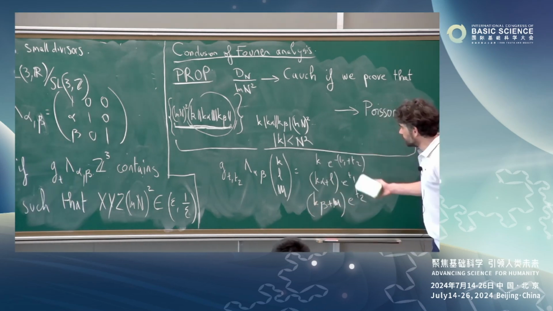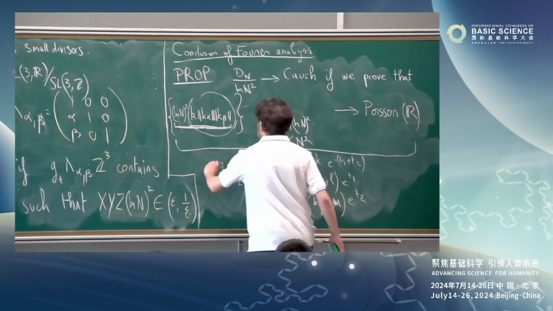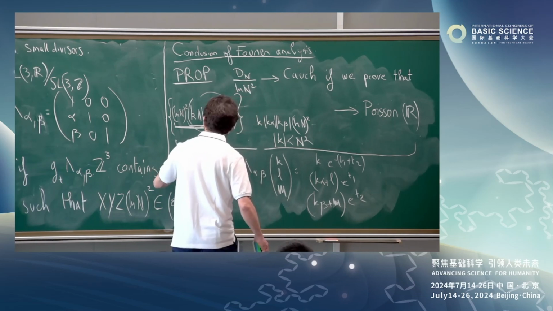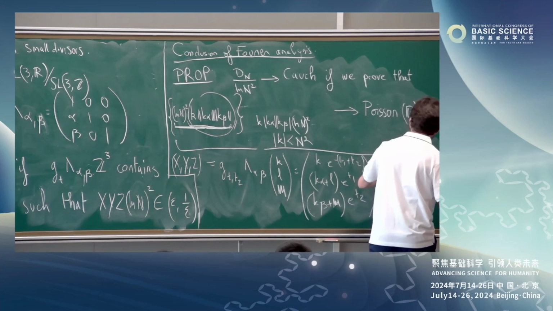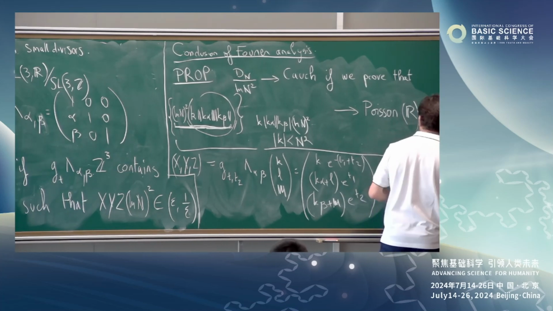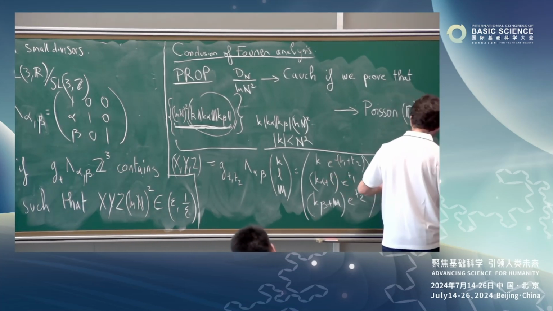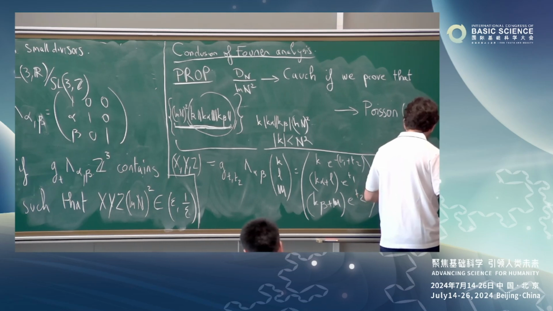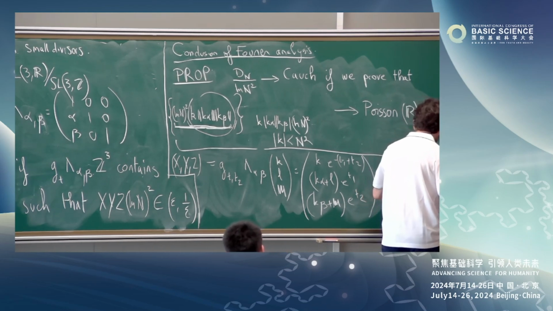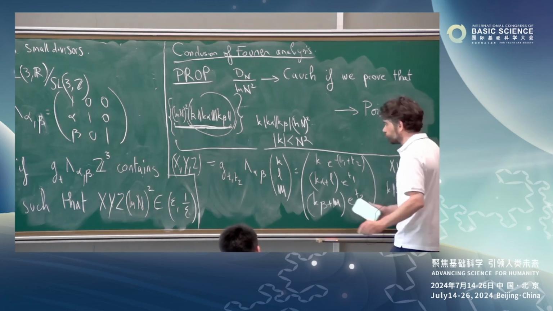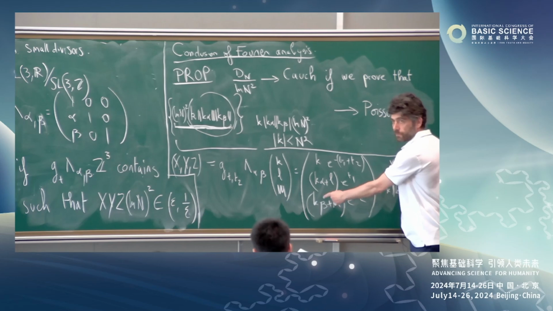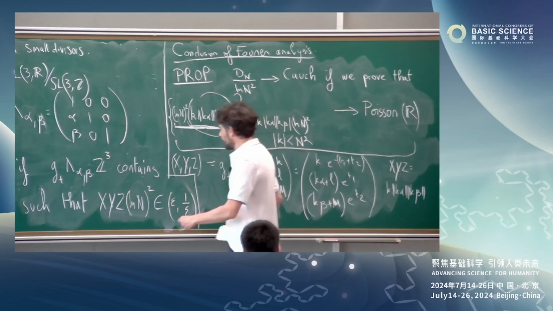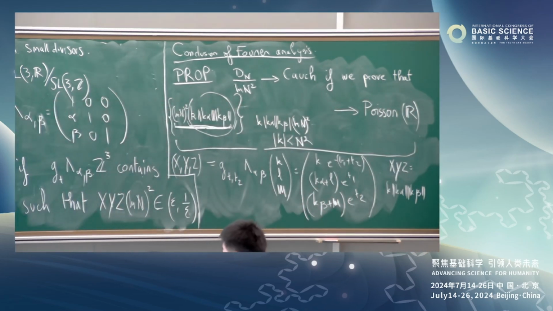And now multiply X, Y, Z. Multiply X, Y, Z is exactly your Littlewood, if you choose L and M so that this is the closest to the integer.